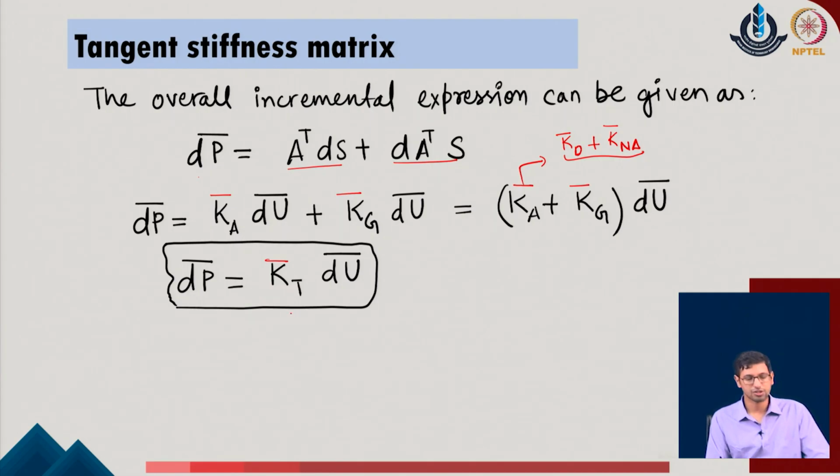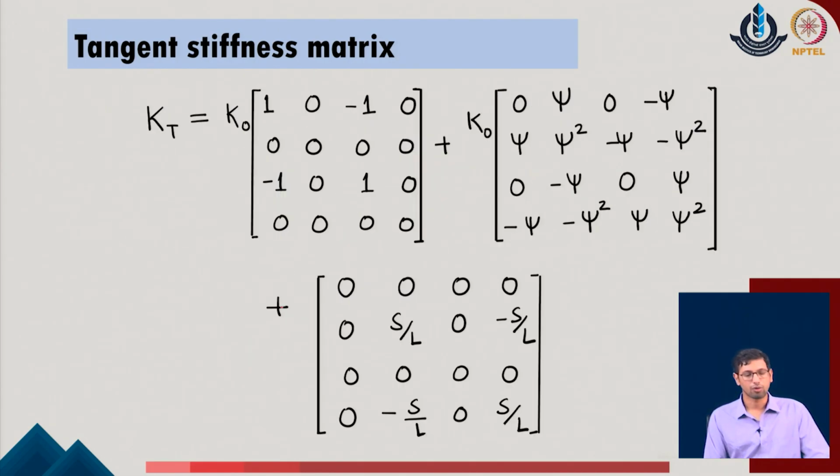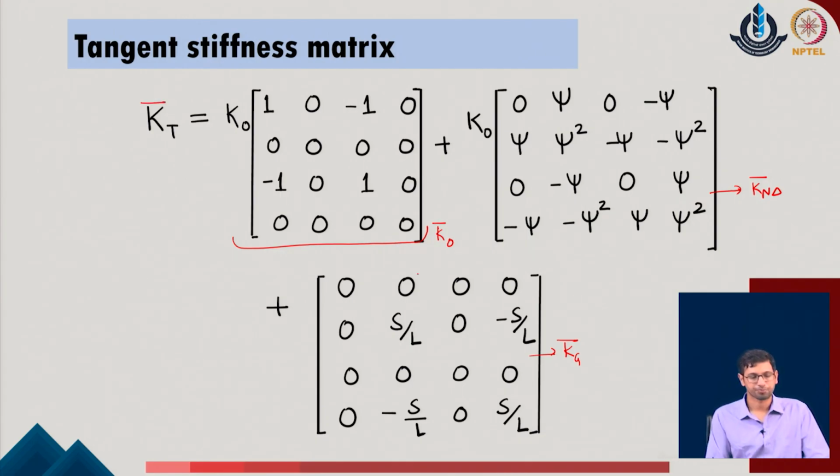So, this is the tangent stiffness which we typically describe. Now, as a simple measure, we have described these relationships, which is the k naught bar, this is the k of n delta bar in the given system, and this is the k of g bar in the given system. So, the sum of all these three is the actual tangent stiffness matrix of the given system.